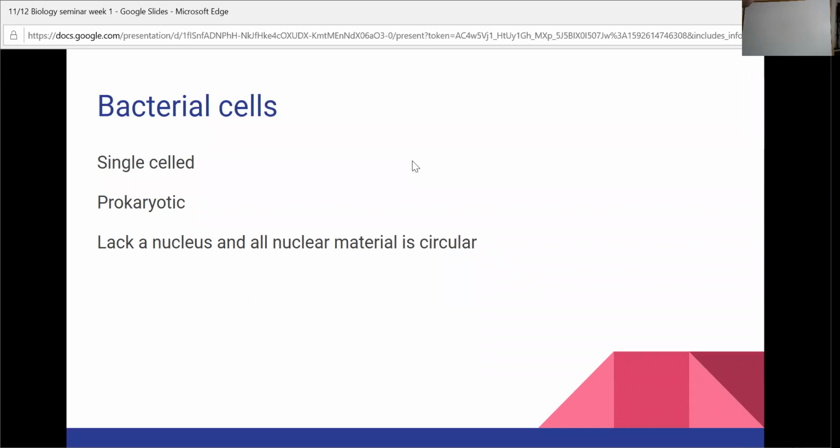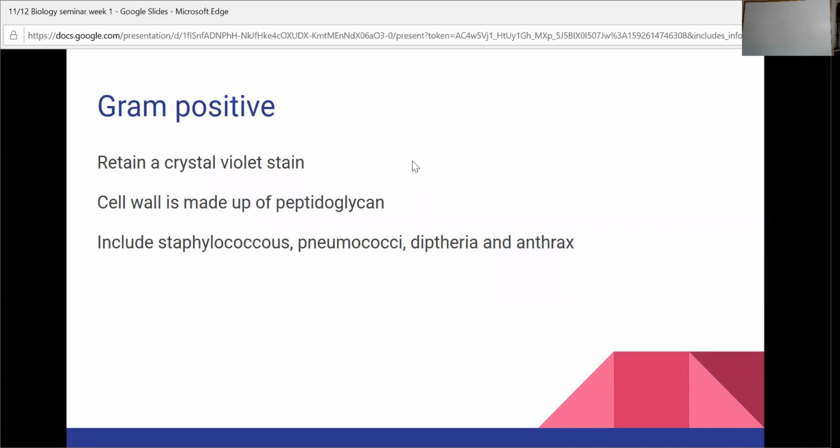So bacterial cells, they are prokaryotic, and the nuclear material is either circular or is in one big chunk or one molecule. So we break up our bacteria into gram-positive and gram-negative.